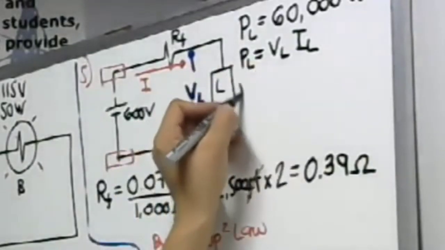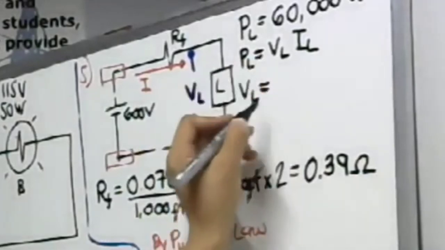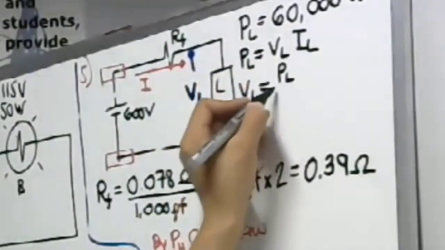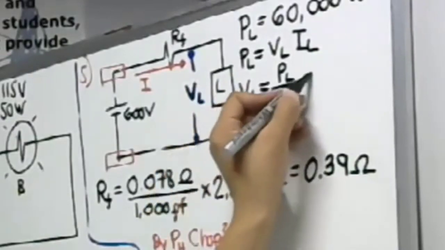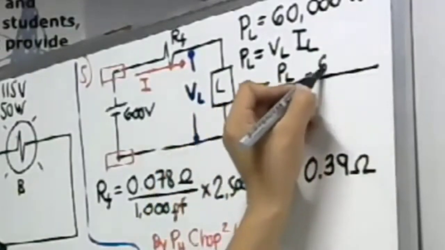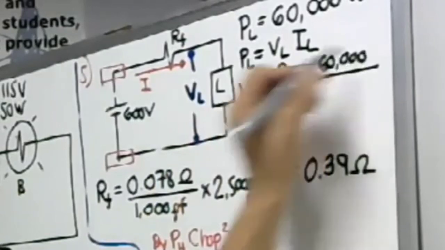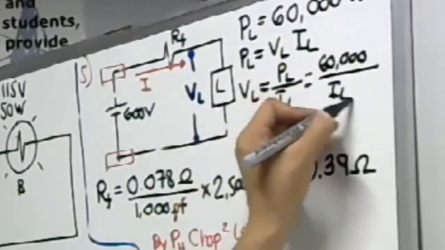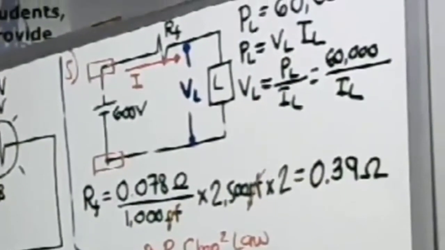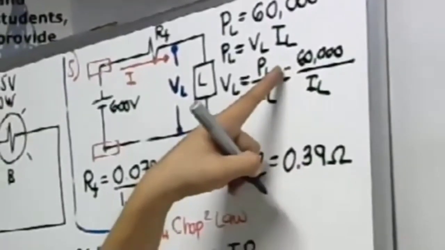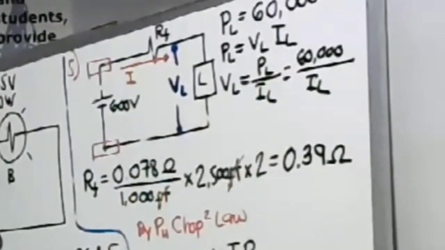Then, to get our VL, that is PL over IL, or simply 60,000 divided by IL. So we have here 600 equal to, let us replace now the VL by 60,000 over IL.